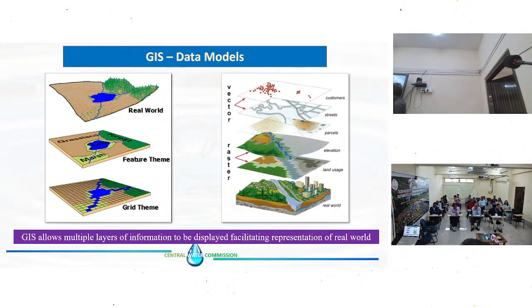Like these gray pixels are urban areas, green pixels are forested areas, brown pixels are residential, blue pixels are river. You can define elevation also. You can define higher elevations, as you see in an atlas physical map, higher elevations in brown and lower elevations in green, etc. So these are the rasters.